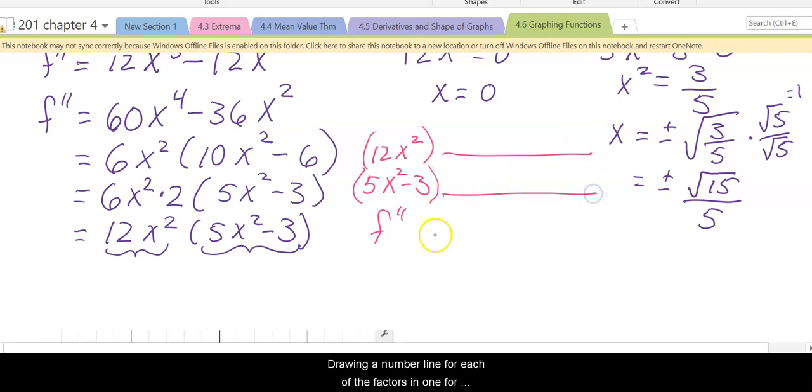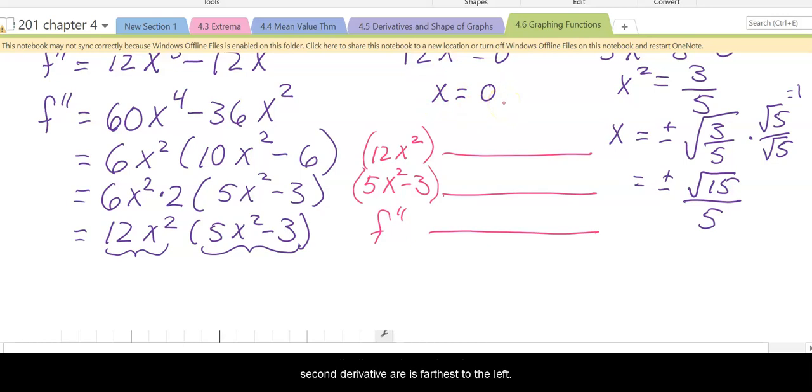Drawing a number line for each of the factors and one for the second derivative, I now need to figure out which of the 3 unique values for where the zeros of the second derivative are is furthest to the left. It's going to be the negative square root of 3/5.